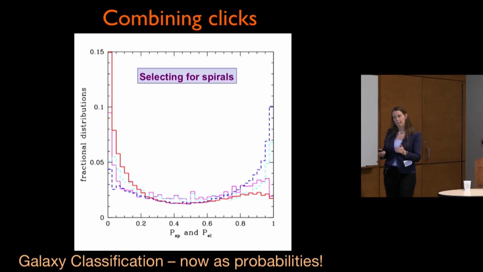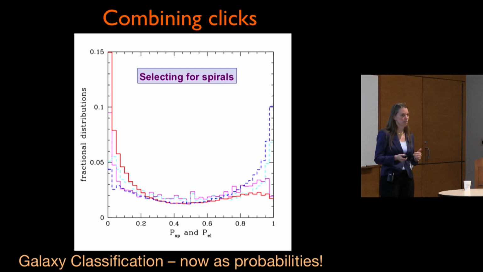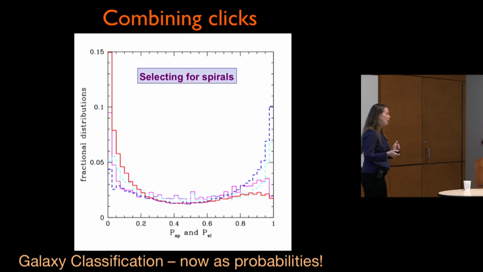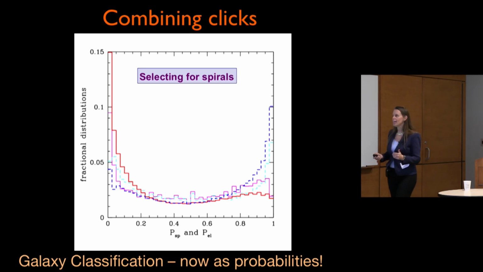The other thing it did was, for the very first time, instead of relying on a few experts, it gave, if you will, a probabilistic way to measure morphology for galaxies. So we now have, on the right-hand side here, the probability of a galaxy being a spiral.